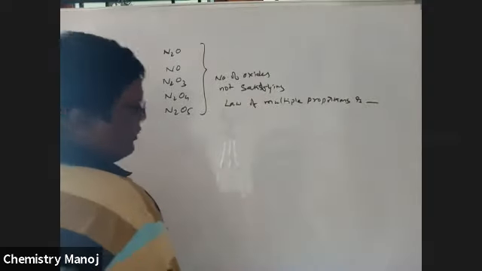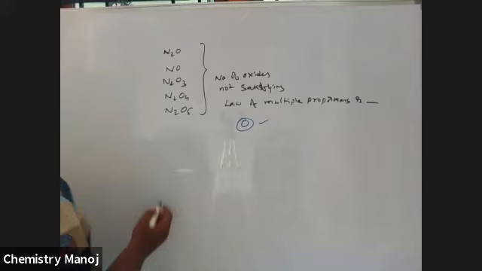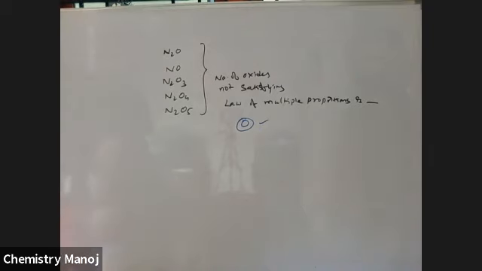Its value is 0, because in multiple proportions, the elements are the same, but their compositions are different. The same elements exhibit different types of composition. That means it is a multiple proportion set. Okay.